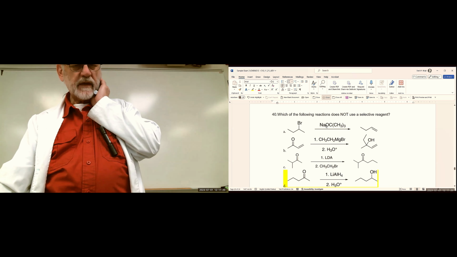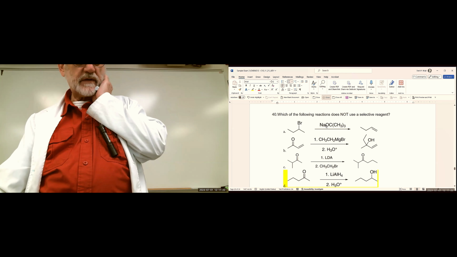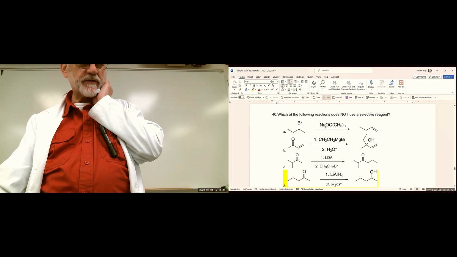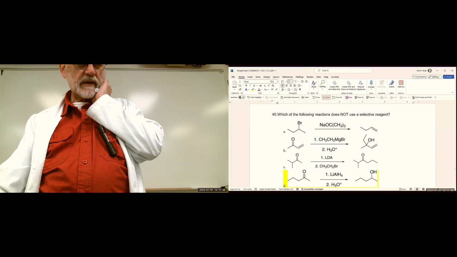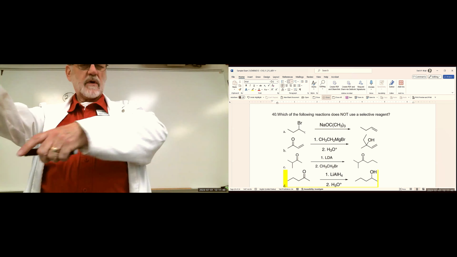Okay. It would attack the least substituted terminal methyl end and remove a hydrogen. No, no.